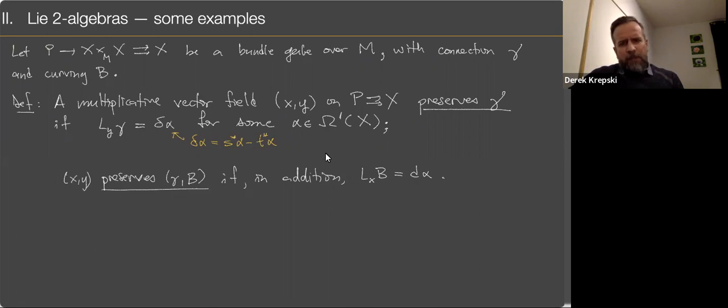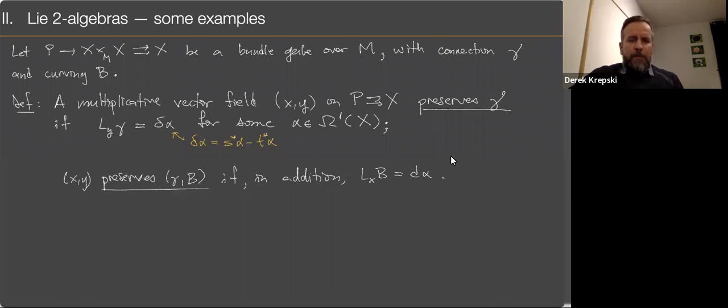One way to think of this maybe is that if you look at the Lie derivative of the pair XY on gamma B, then this thing is exact in the total complex of the natural double complex, if you're familiar with those things, of the simplicial manifold associated to the Lie groupoid P.